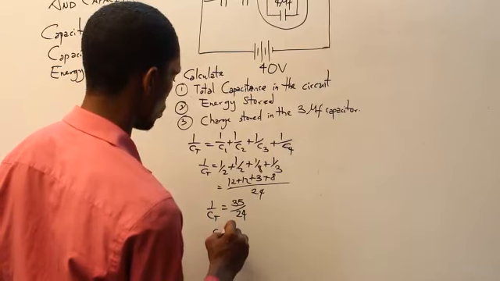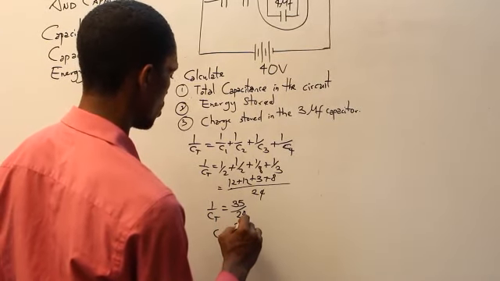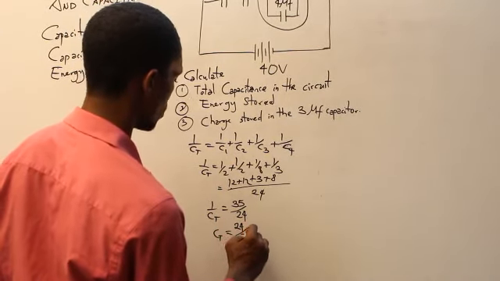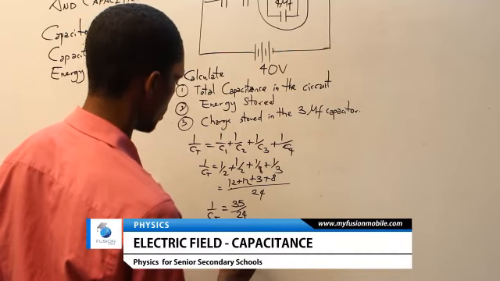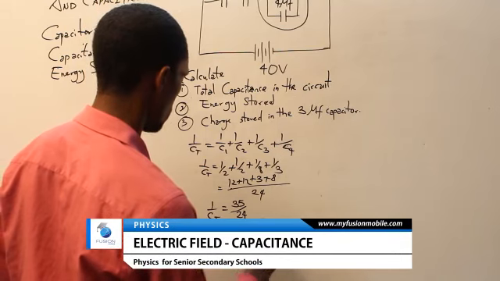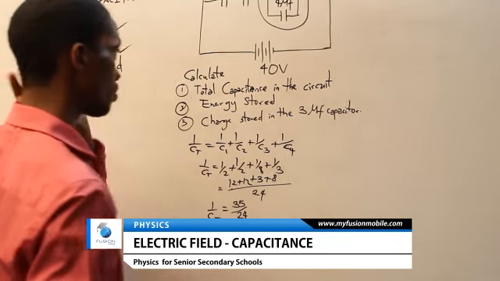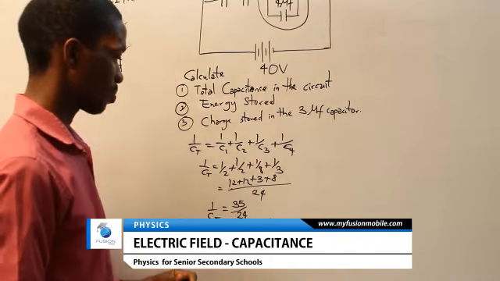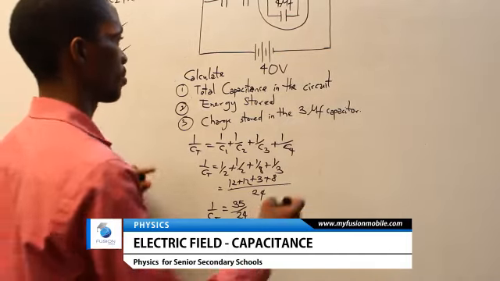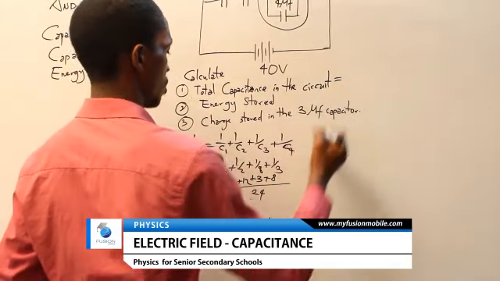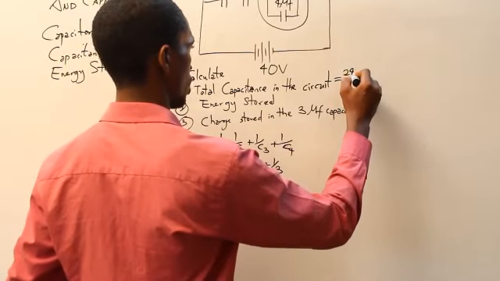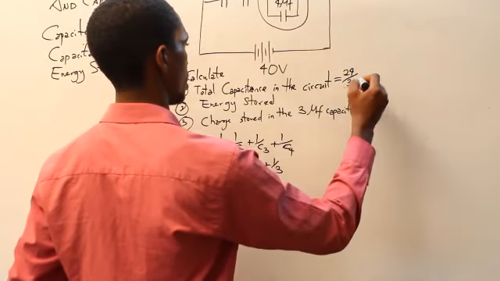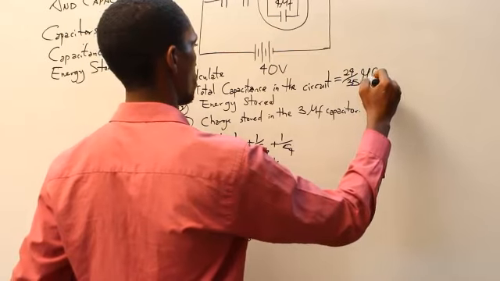And our CT would be the reciprocal, which is 24 over 35 microfarad. So that's our answer. So the entire expression equals 24 over 35 microfarad.